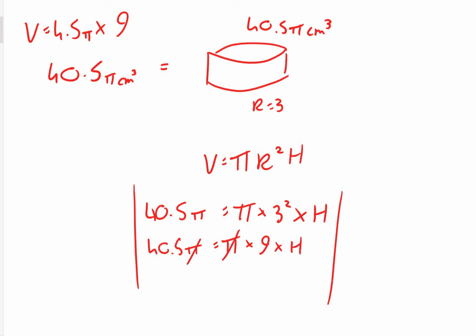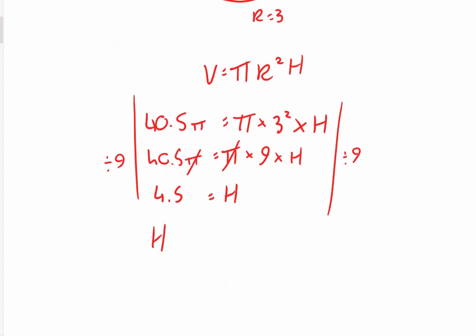Cancel the pi's. We divide by 9 on both sides. So 40.5 divided by 9 equals 4.5 equals h. So the height it rose equals 4.5 centimeters.